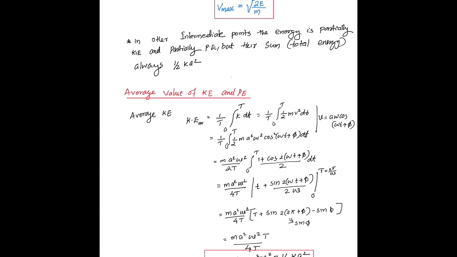The remaining term, m A square omega square by 2T, I take out of the integral, and integral from 0 to T of cos square theta I can write as (1 plus cos 2 theta) by 2. In that form I wrote this expression.